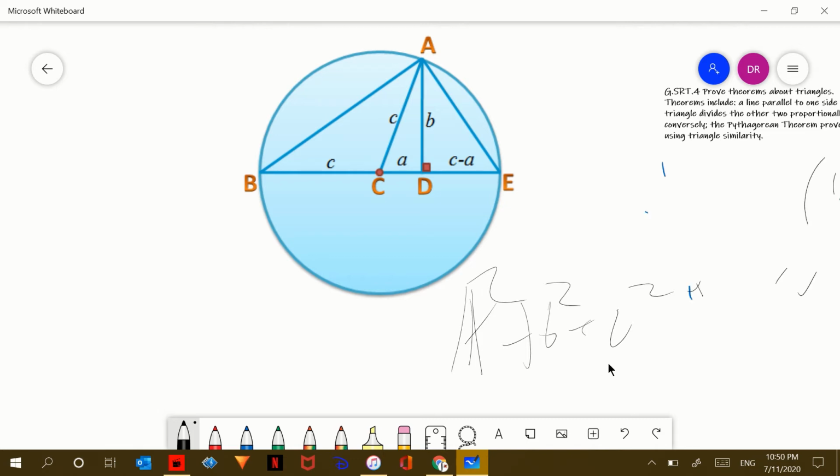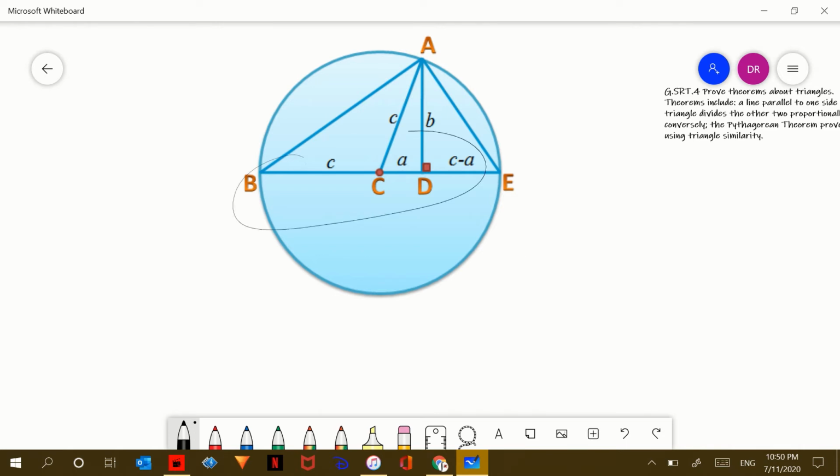Let's first do the proportions. So we know that BD over AD is equal to AD over DE.